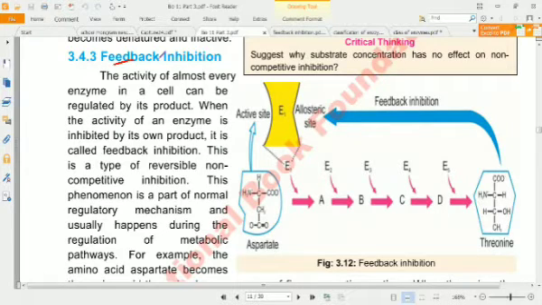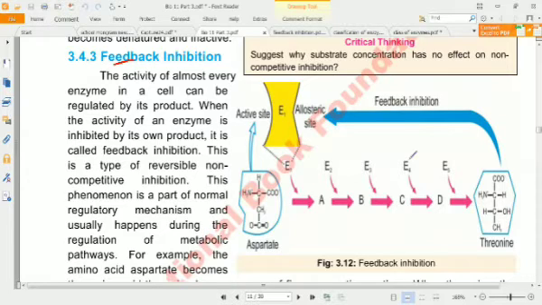So how does this feedback inhibition work? This feedback inhibition goes on all around in our body to regulate enzyme function. So enzymes are regulated by their own products when they are more than the required quantity.